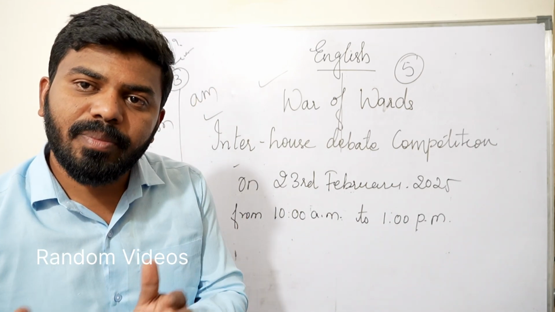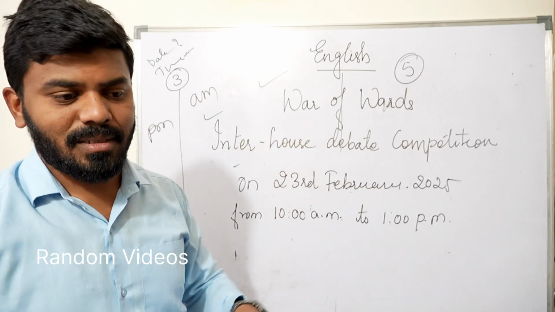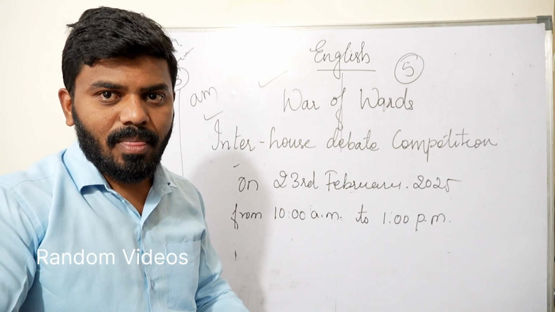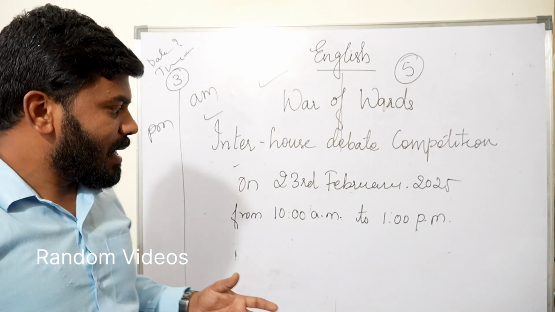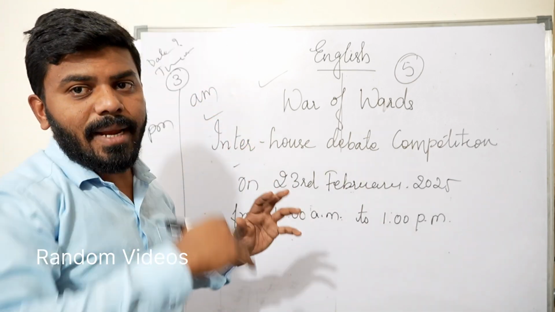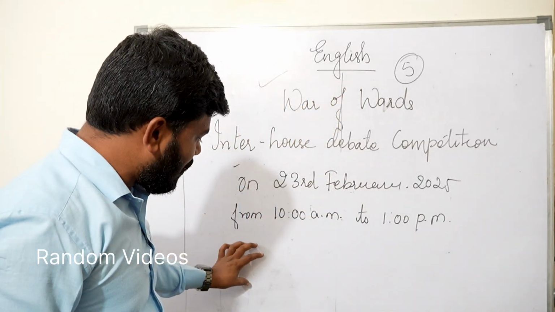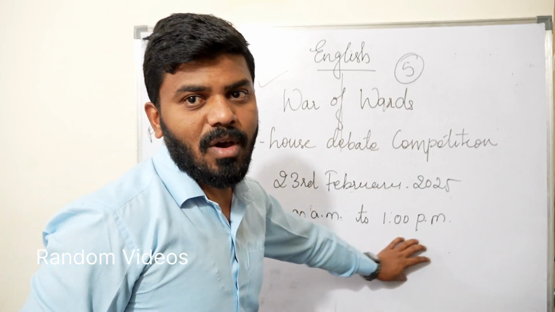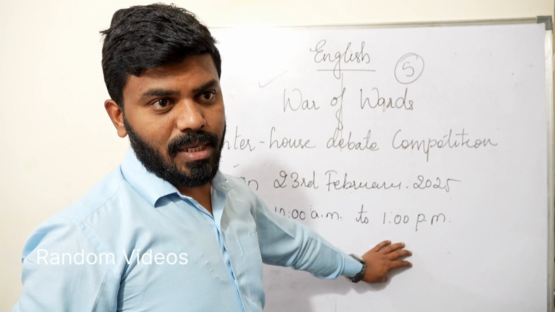The bigger location would be school, because it is an inter-house debate competition, in the sense the students of the same school. Imagine if the students are coming from different schools, you write the smaller location as the school name and write the place where the school is located as the bigger location.